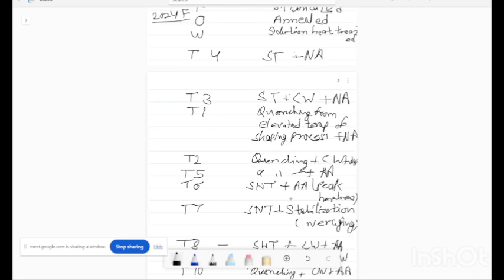T1 shows the quenching from elevated temperature of shaping process plus natural aging. T2 represents quenching plus cold work plus natural aging. T5 represents quenching from elevated temperature of shaping process plus artificial aging.